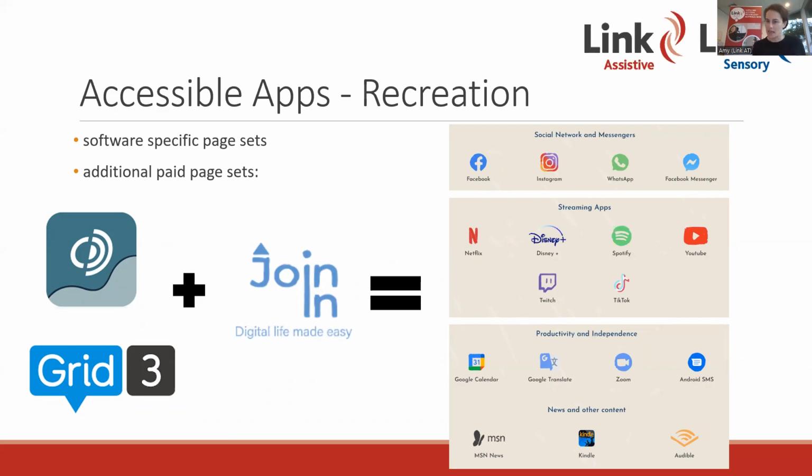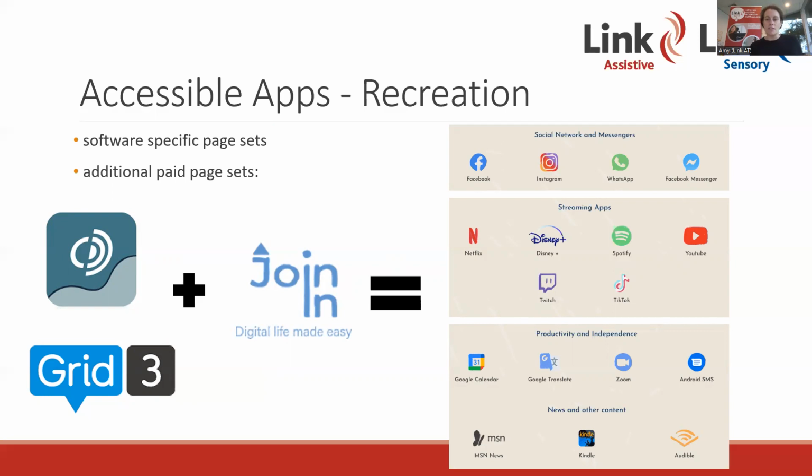One of the challenges with accessing mainstream apps and mainstream websites is that they're constantly changing. I think I update apps on my iPhone every week because they're constantly improving things, fixing bugs and adding features. One of the challenges for our AAC software, such as Communicator 5 and Grid 3, is keeping up with all those changes.